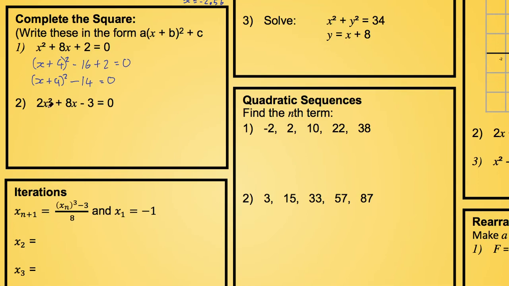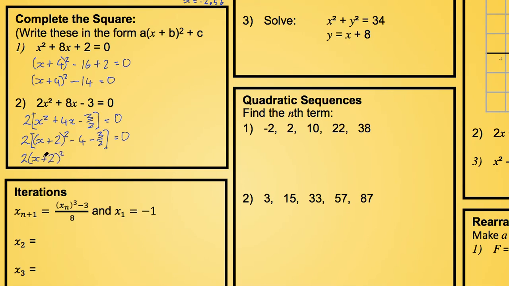In this case, I'd take out that 2 at the beginning, and then deal with that bracket in the same way, half that value, and subtract that number squared, and then bring down the next number. Then I'm going to expand the square bracket, so I'm going to leave that bit as it is.